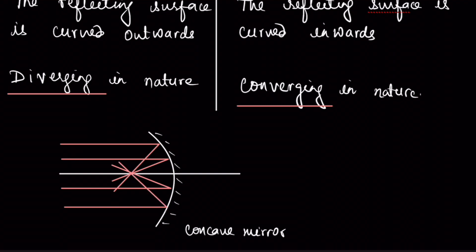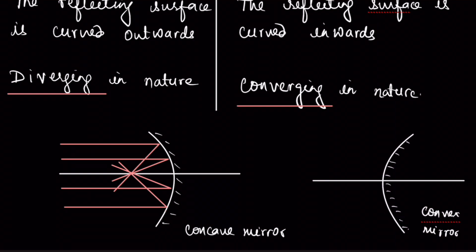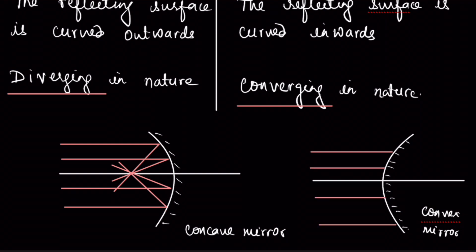Similarly, if we are using a convex mirror and we take many incident rays, what we will notice is that all the rays will diverge. So that's why convex mirror is a diverging mirror and concave mirror is a converging mirror.